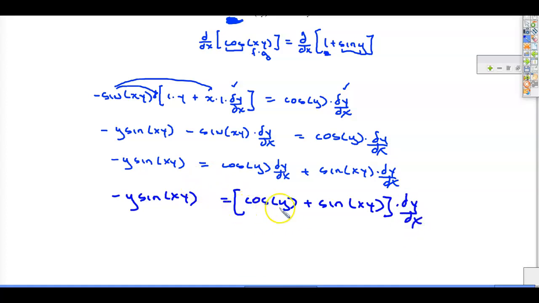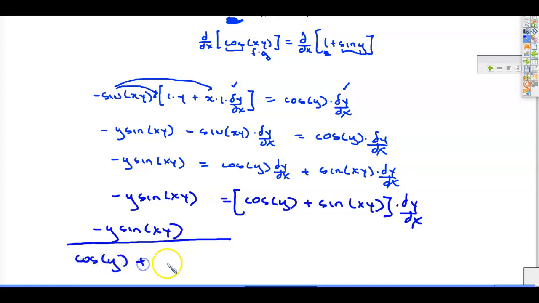And now since this is a factor, we're going to divide both sides. So you're going to get a minus sine of xy, divided by cosine y plus sine xy, equals dy dx.